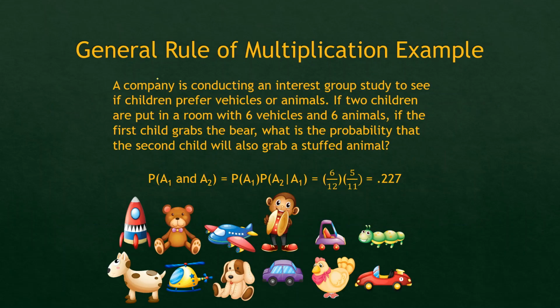Okay, so the general rule of multiplication, let's look at an example. A company is conducting an interest group study to see if children prefer vehicles or animals when they're playing. If 2 children are put in a room with 6 vehicles and 6 animals, if the first child grabs the bear, this bear right here, what is the probability that the second child will also grab another stuffed animal? Okay, first of all, what is the probability that this child will grab the bear?